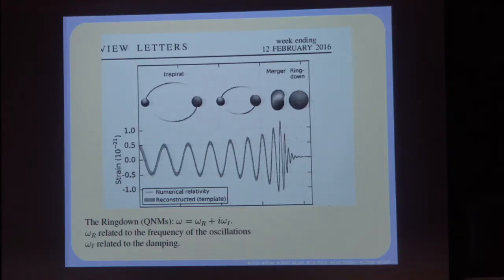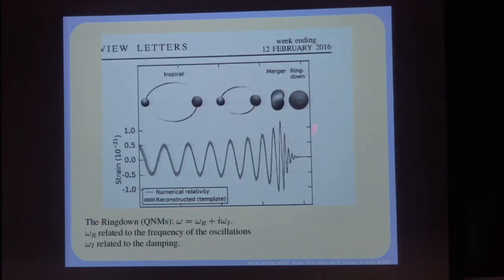When we send matter or waves to the horizon, it gets lost. So the frequencies are not real. The imaginary part is telling us that there is some loss of energy, and that is the reason for the quasi-normal modes.